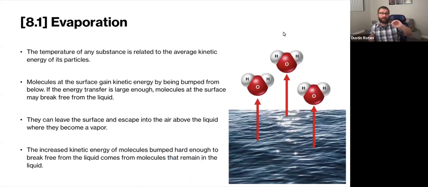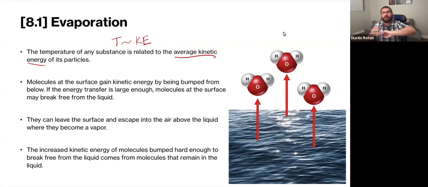As we said, the temperature of any substance is related to the average kinetic energy of its particles. Okay, so you'll probably remember that from, I guess, the last module. So the average temperature is related to the kinetic energy. Might have misspoke there. So the molecules at the surface gain kinetic energy by being bumped from below.